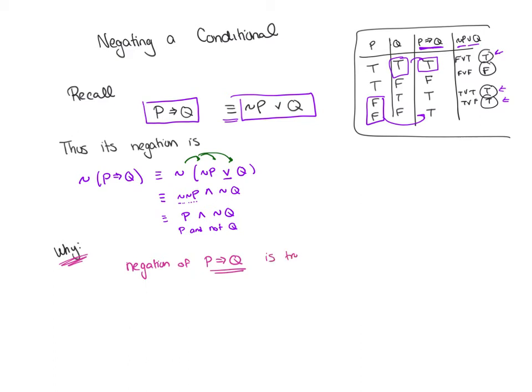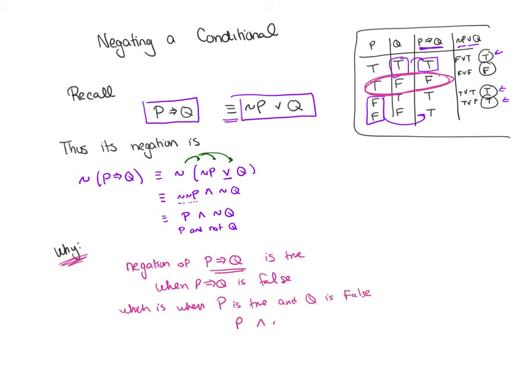So this is true when P implies Q is false, which is when, let's check, P implies Q is false exactly when P is true and Q is false. That's the only time. So P is true and we get not Q. So that's another way that we could think about this negation.